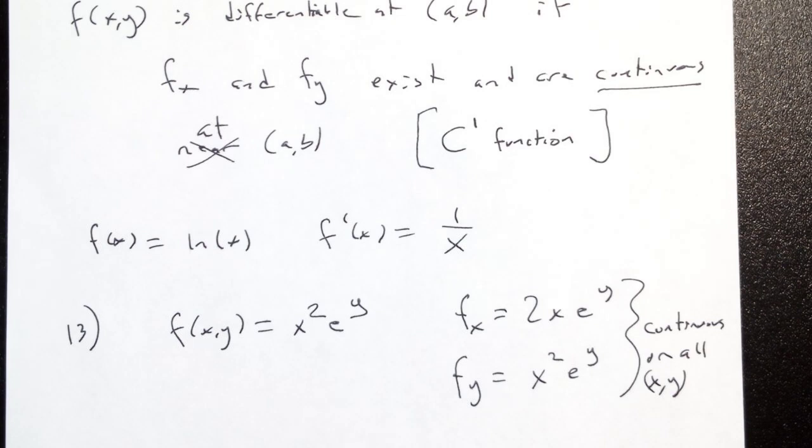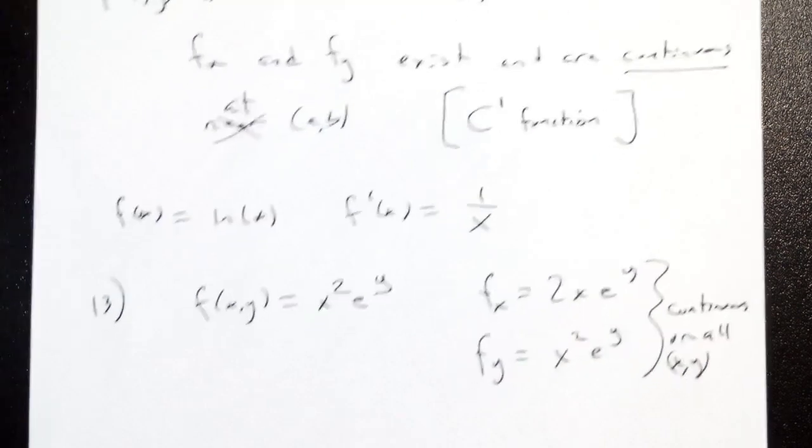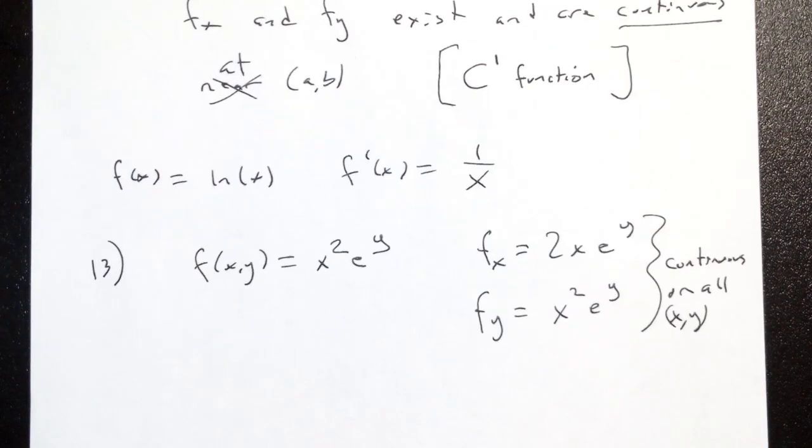Now, I think I see one of the problems. One of the problems is the way we're using the term. Back in Calc 1, I said a function was differentiable meant it had a derivative, right? Here, I've got partial derivatives. So when I use the term differentiable, what does that have to do with partial derivatives?